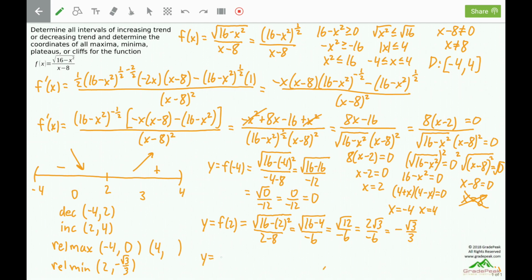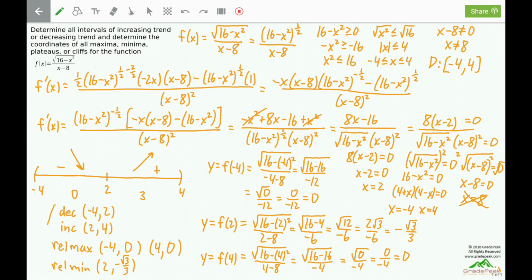So the y will equal f of 4, which is the square root of 16 minus 4 squared over 4 minus 8, which is the square root of 16 minus 4 squared is 16, and 4 minus 8 is a -4. 16 minus 16 is a 0. The square root of 0 is 0 over a -4, and 0 over any non-zero number equals 0, so it has a corresponding y-coordinate of 0.